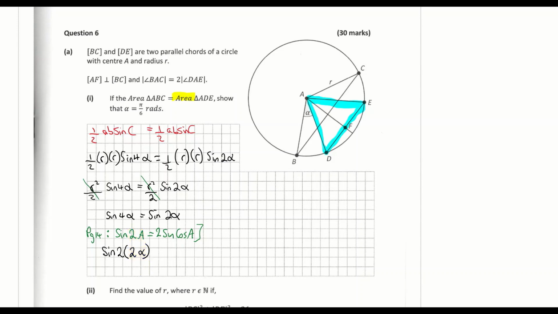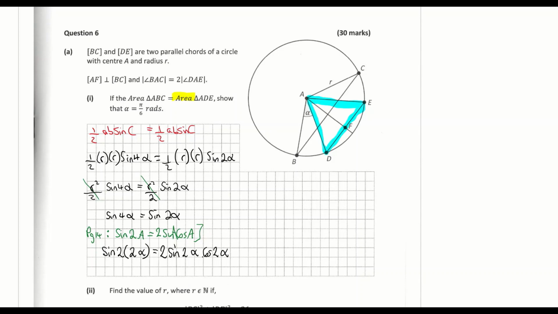And if I fill that in on the right hand side, that's going to give me equal to 2 sine, sorry, I just forgot my a there in the original formula for my log tables. 2 sine a, and my angle here is going to be 2 alpha, times cos a, which is cos 2 alpha. Okay, so that's how I've rewritten it.